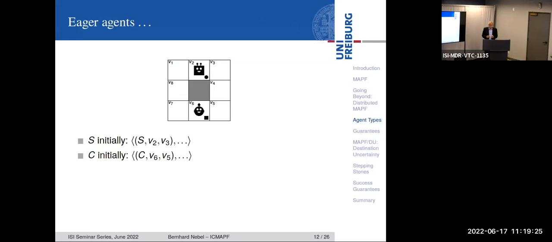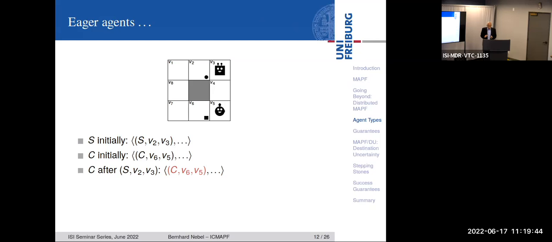So here we have an example where the square agent wants to go down, the circle agent wants to go up. Then they make plans and the square agent moves to the right. Then the circle agent also replans and goes to the right.